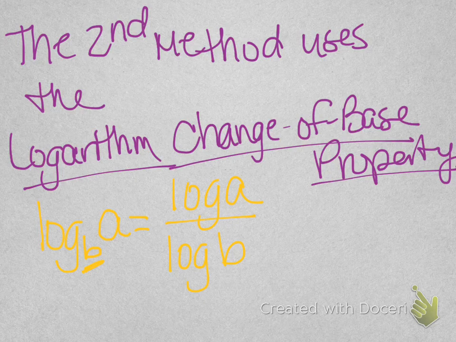So what I've now done is changed this log property here, no matter what the base is, whether it's 1, 2, 3, 4, 5, 6, 27, doesn't matter, into base 10 using this change of base property, where I take the log of a and I divide it by the log of whatever that base is. So that's a new property. Please make sure you also copy that down.